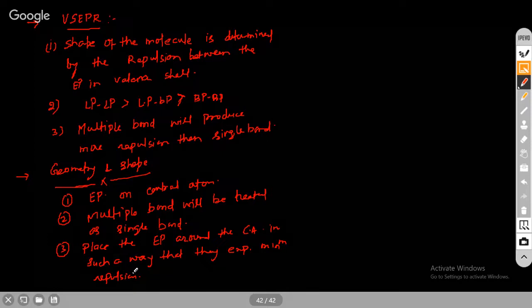When the number of electron pairs is 2, then the shape will be linear. Electron pairs is 3, shape will be trigonal planar. Just write down this first.